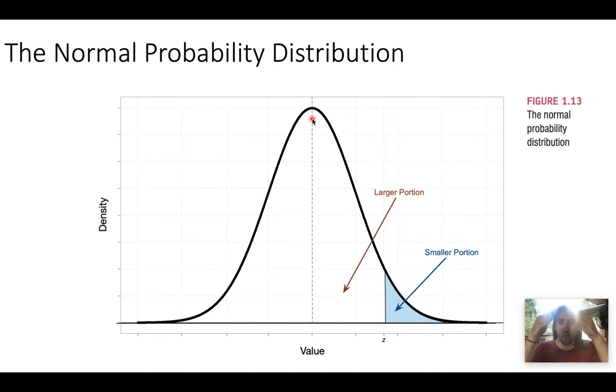As we move away from the mean in either direction, then scores become more extreme and they become less common, less likely, right? As we move down the curve, the space under the curve is smaller, which tells us that there are fewer people out here in the curve.